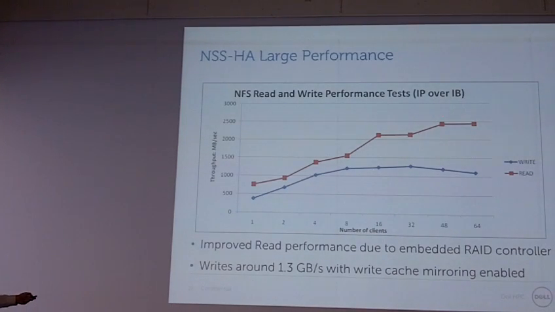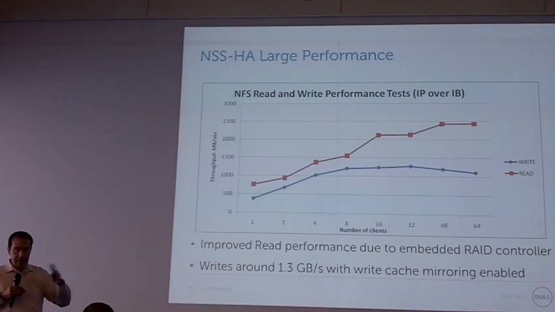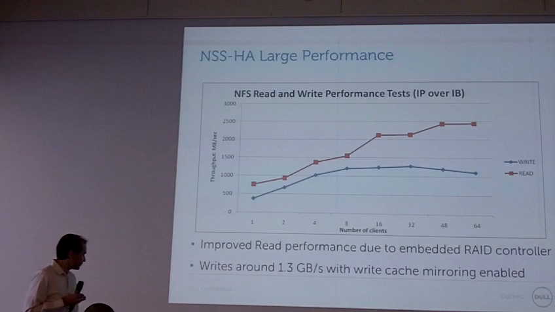In terms of writes, we are slightly below what we see on the non-HA configurations, mostly because we use different tuning options. We use basically sync writes for NFS, and we enable RAID cache mirroring for the writes, so that if there's a failure, we maintain consistency during failover.